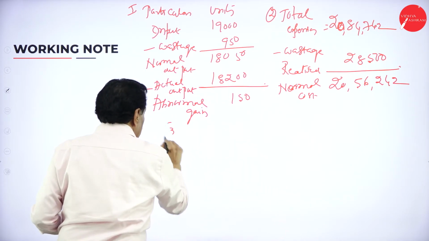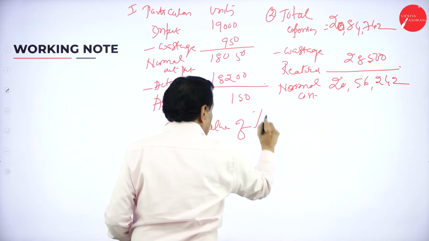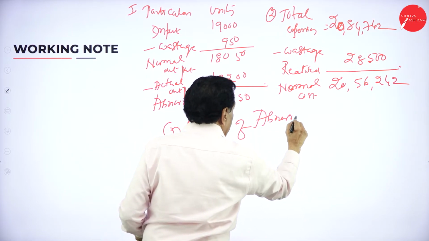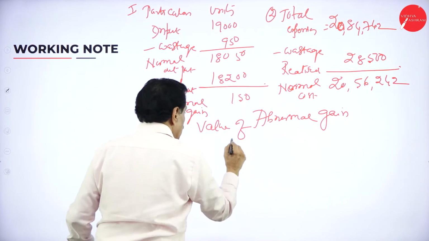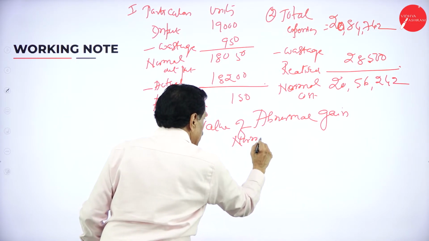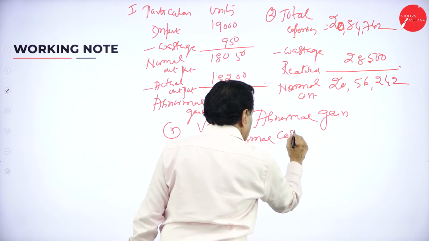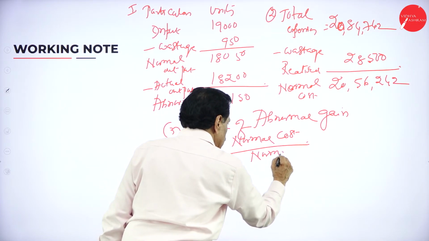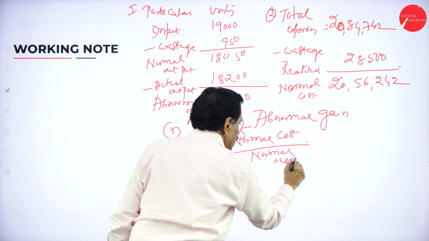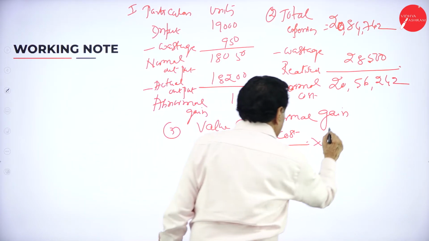Working note number 3. Value of abnormal gain. Normal cost divided by normal output multiplied by abnormal gain units.